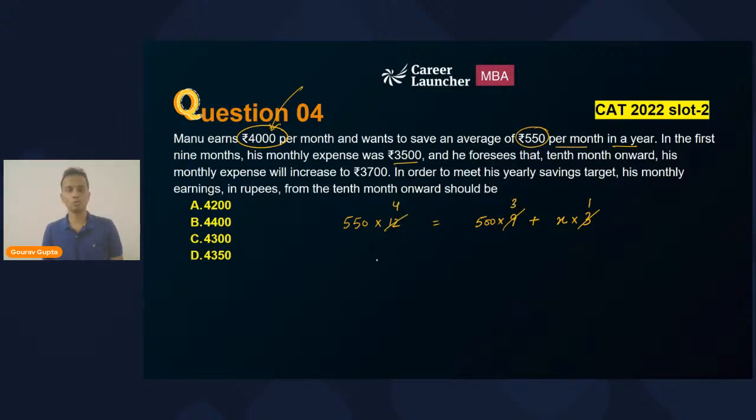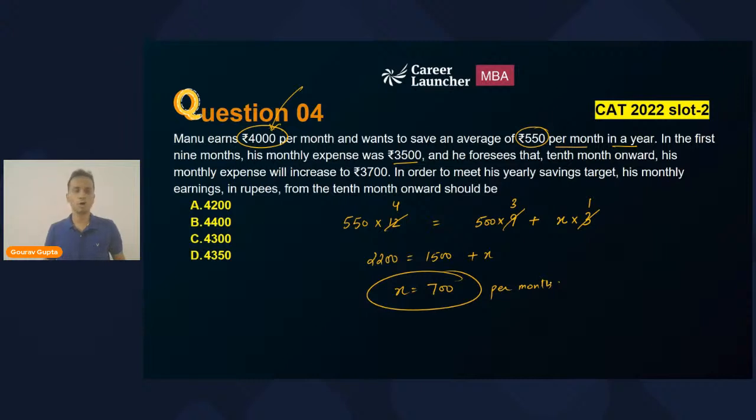Okay, so here I can say that 2200 is equal to 1500 plus X. So the value of X will be equal to 700, right? So he should be saving at a rate of 700 rupees per month from the 10th month onward, and then he will be able to achieve his target, right?